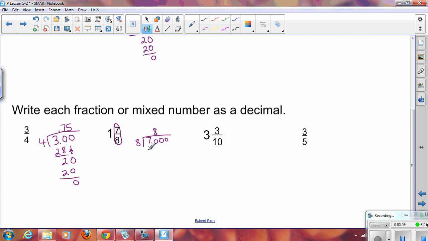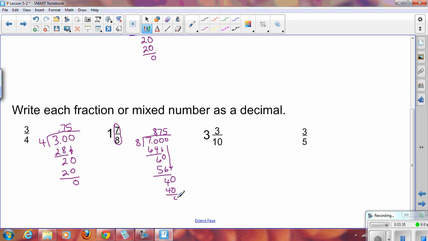8 times 8 is 64. When you subtract, you get 6. Bring down a 0. And 8 goes into 60 7 times. Multiply 8 times 7 and get 56. Subtract and get 4. Bring down your third 0. 8 goes into 40 5 times. 8 times 5 is 40.